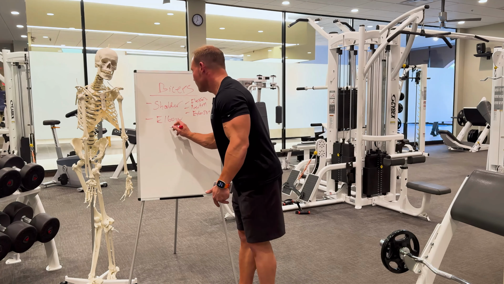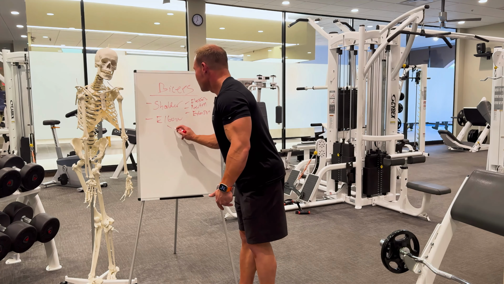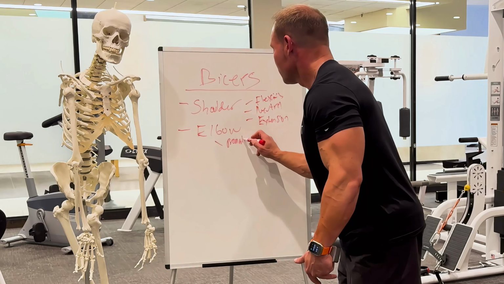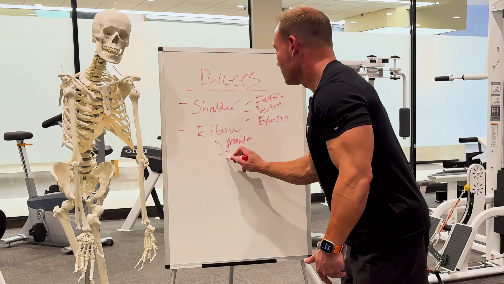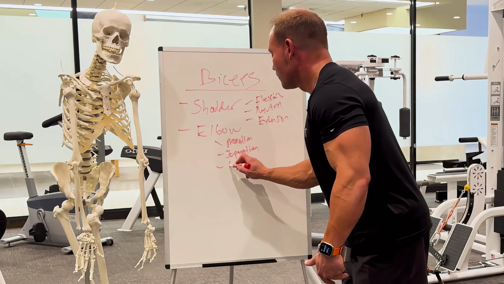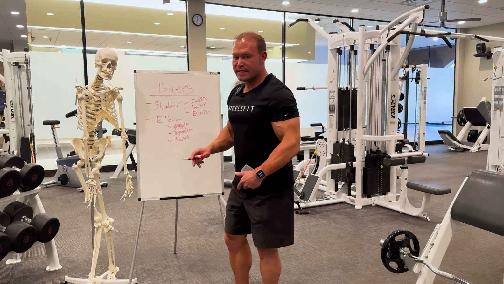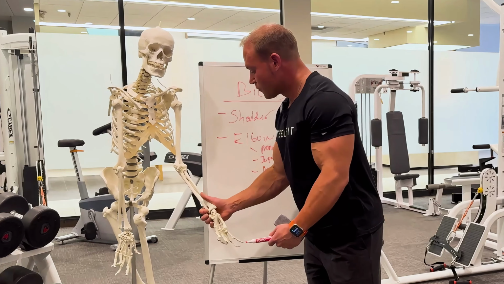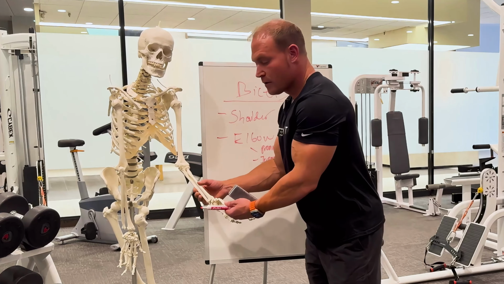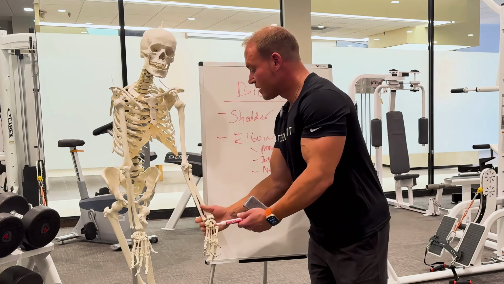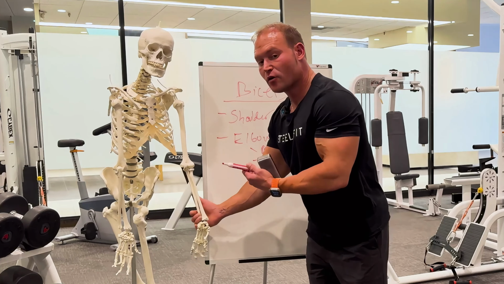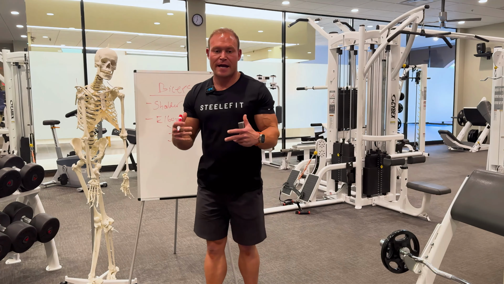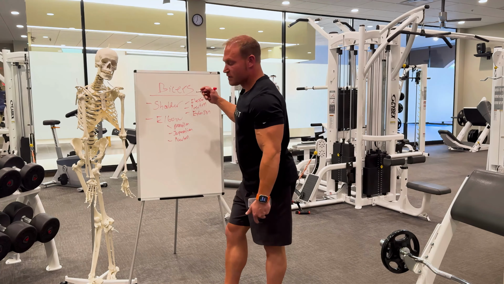And with your elbow, we have pronation, supination, and we have neutral. Because your bicep attaches onto your radius, so it attaches onto this bone right in line with your thumb, and changing the position of your radius, your radial ulnar joint, will stimulate the bicep differently too. It doesn't necessarily matter how yet, but we just have to know this first.